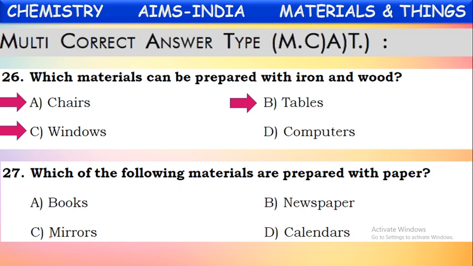Mirrors with paper? No, we cannot. Calendars? Yes, we can. So books, newspapers, and calendars can be prepared with paper, but not mirrors. Which will be the correct answer here, children? A, B, D is the correct answer. These three can be prepared with paper.